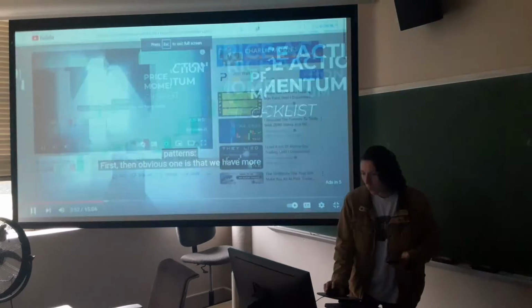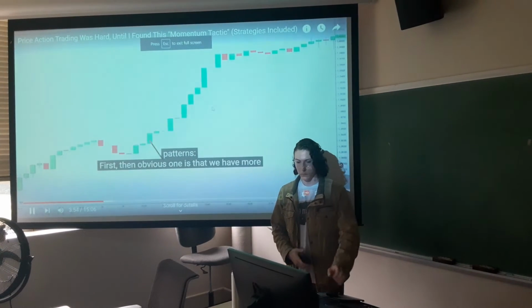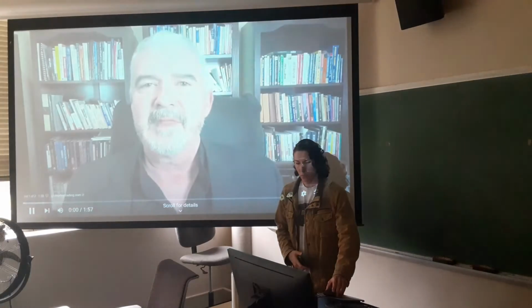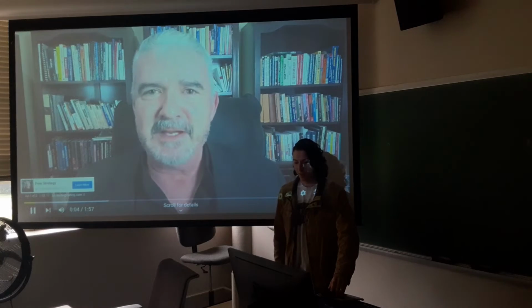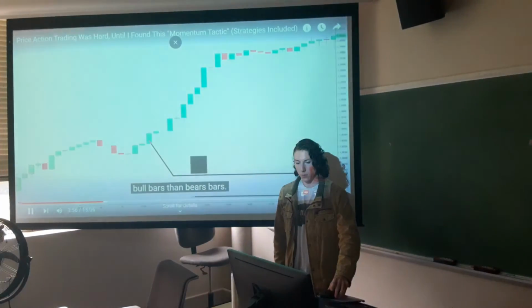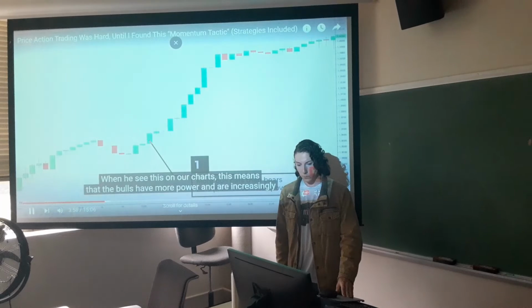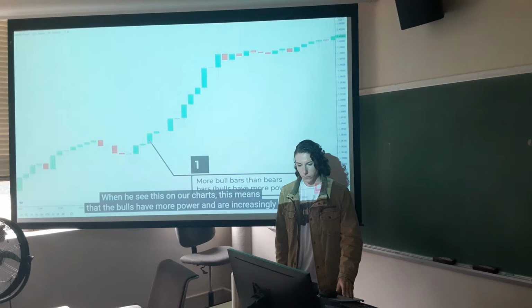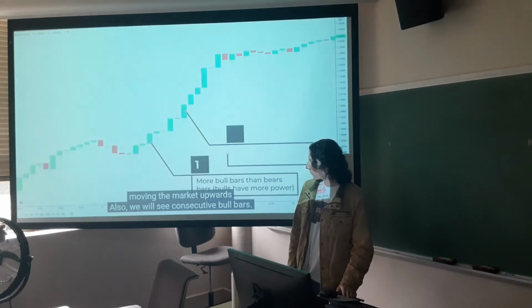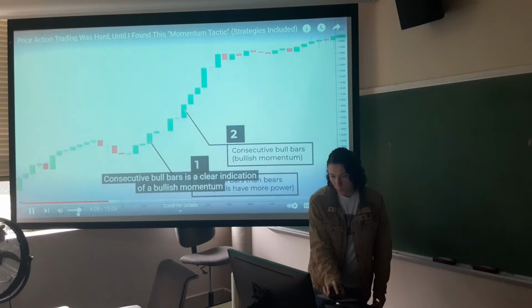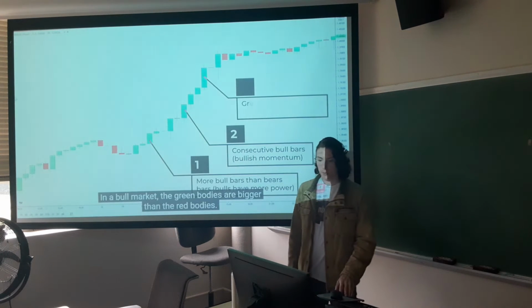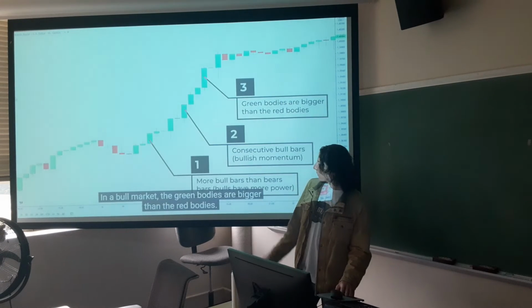Following bar patterns. First, the obvious one is that we have more bull bars than bear bars. When we see this on our charts, this means that the bulls have more power and are increasingly moving the market upwards. Also, we will see consecutive bull bars. Consecutive bull bars is a clear indication of a bullish momentum. In a bull market, the green bodies are bigger than the red bodies.